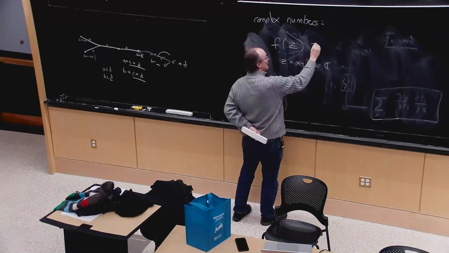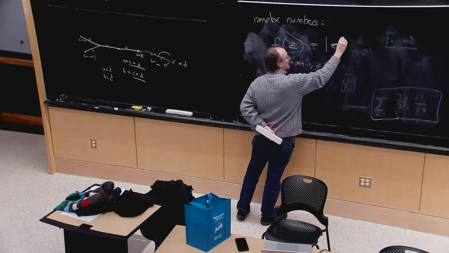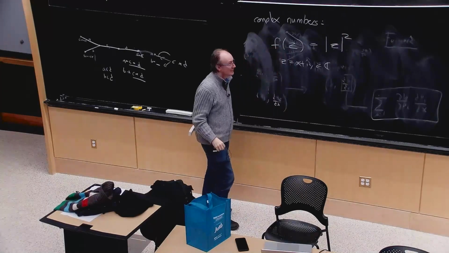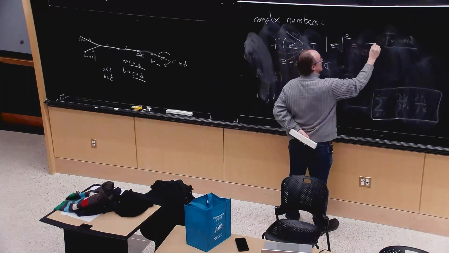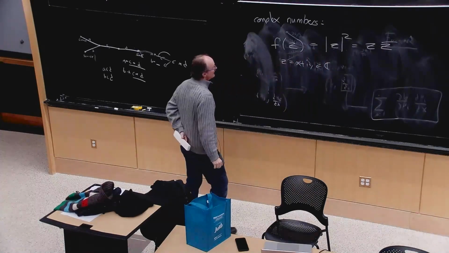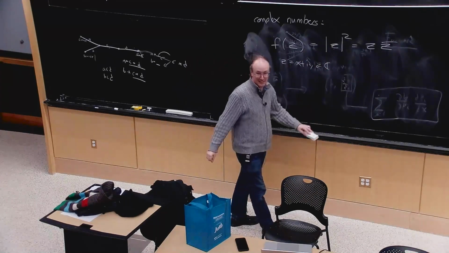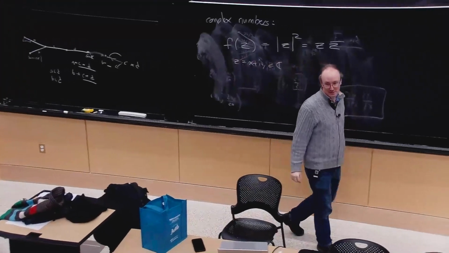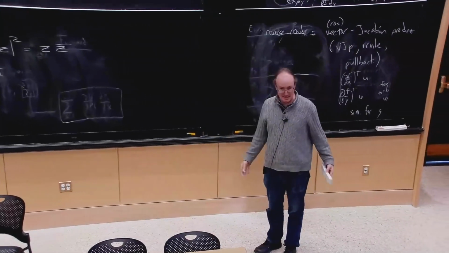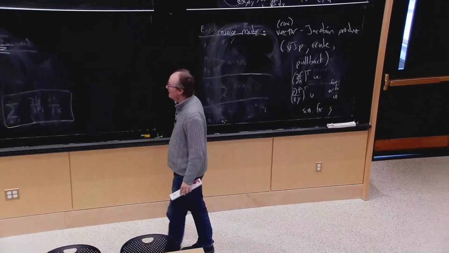Suppose you have that equals z squared, the magnitude squared. So this is the same thing as z times its complex conjugate. If you take complex analysis, they'll say, okay, this function you can't differentiate. The end. It doesn't have a derivative with respect to z in the usual sense.